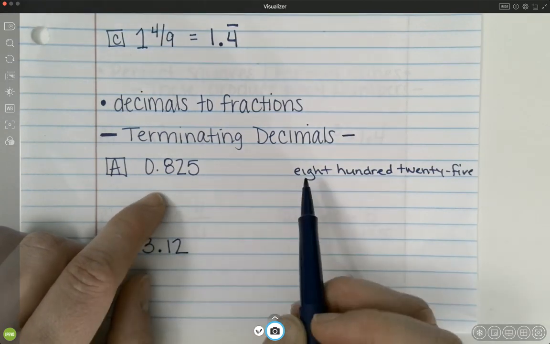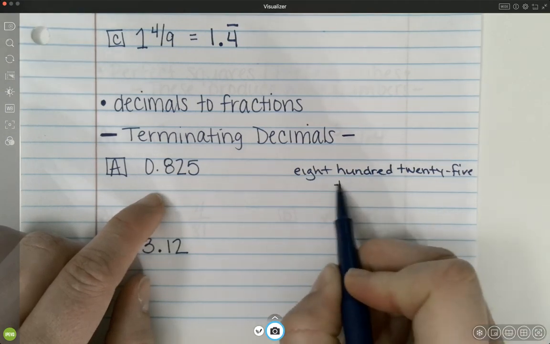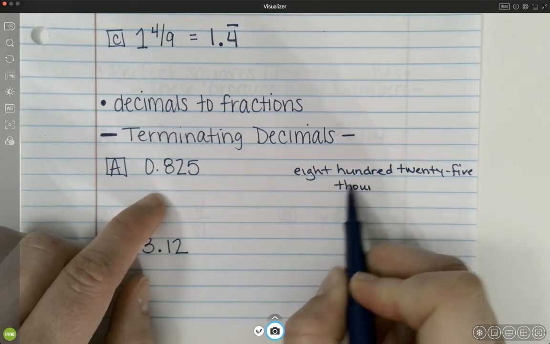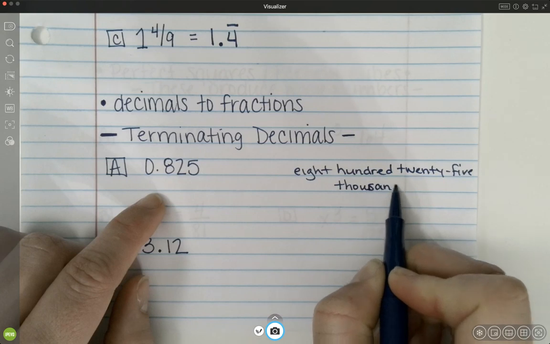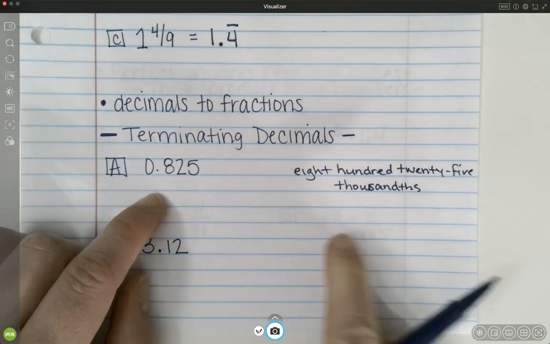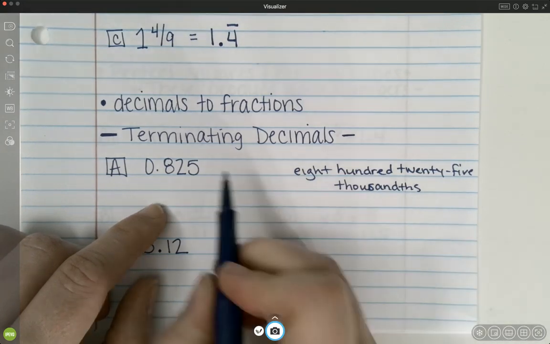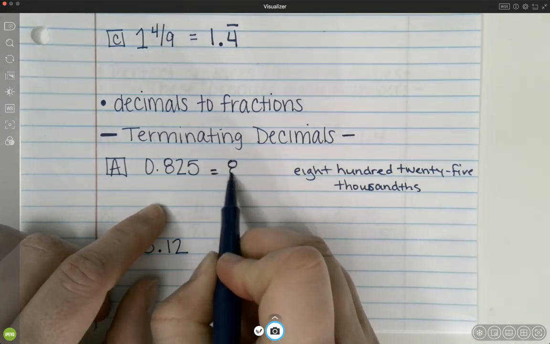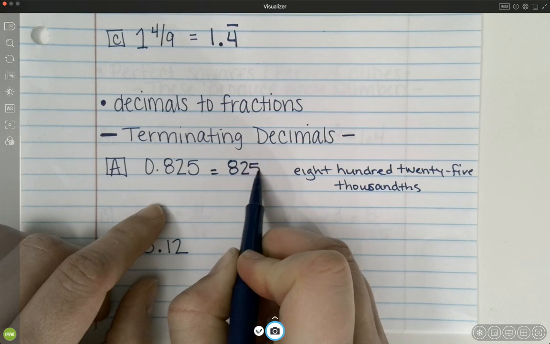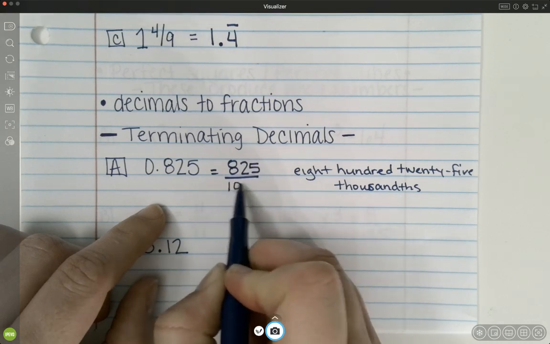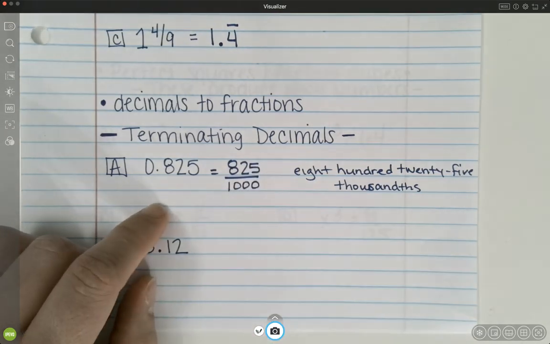So we have 825 thousandths. Because of how I'm reading it, I'm going to write it exactly like that: 825 thousandths that I am working with.